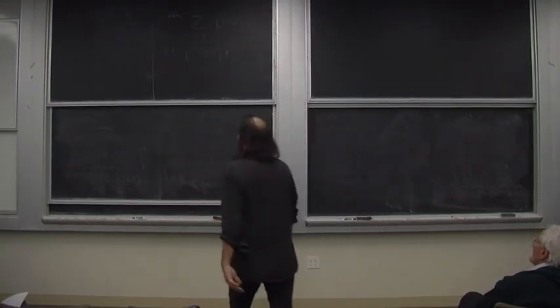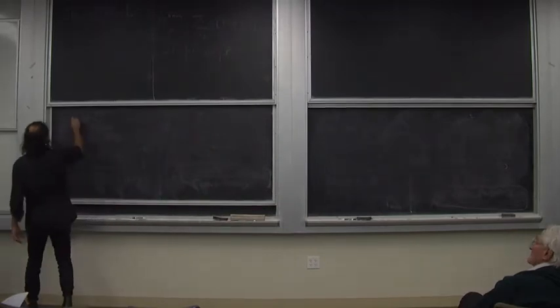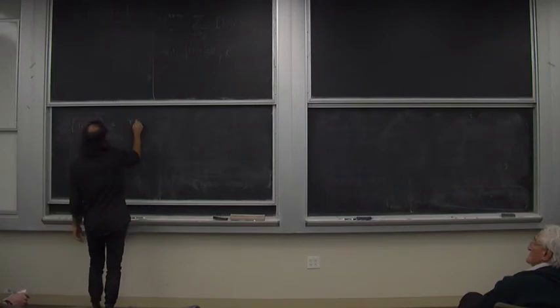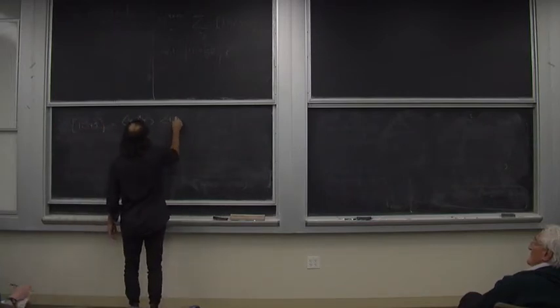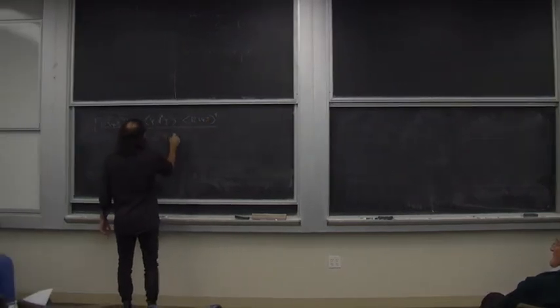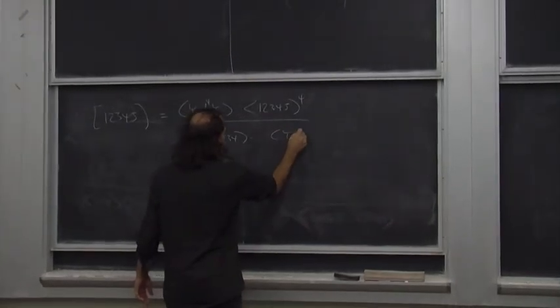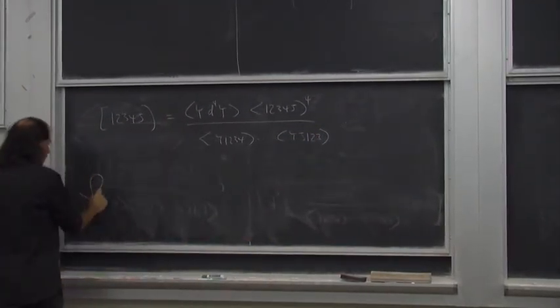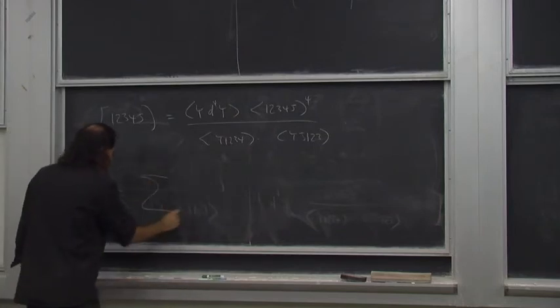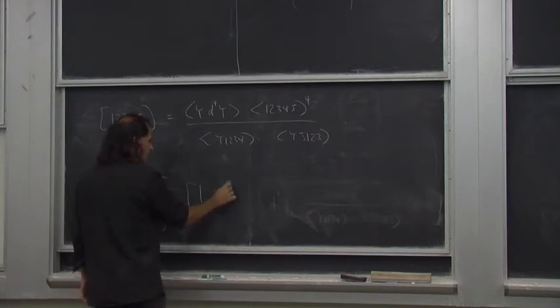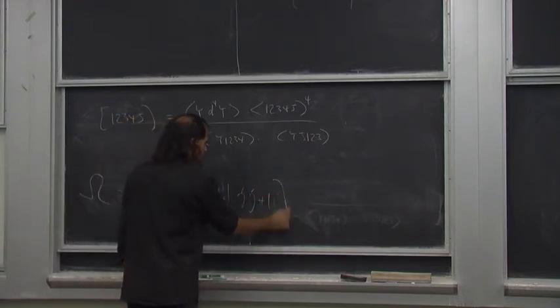So now I have this object 1, 2, 3, 4, 5, by which I really mean y d4y 1, 2, 3, 4, 5 to the fourth over y 1, 2, 3, 4 up to y 5, 1, 2, 3. And now I'm going to talk about a form which is exactly the same formula, the sum over i less than j of 1 i i plus 1 j j plus 1.